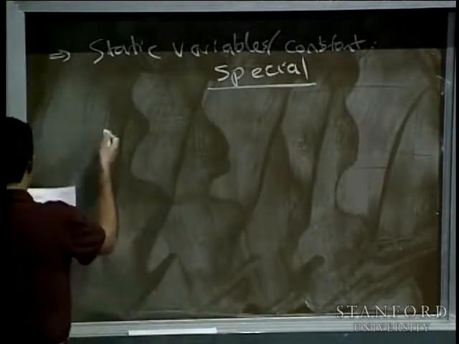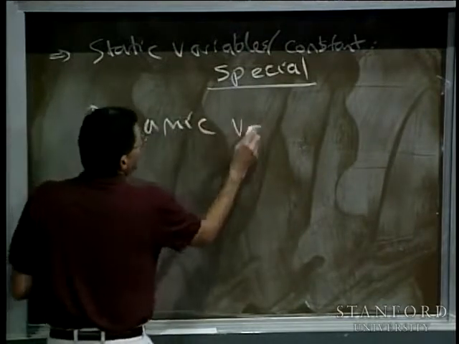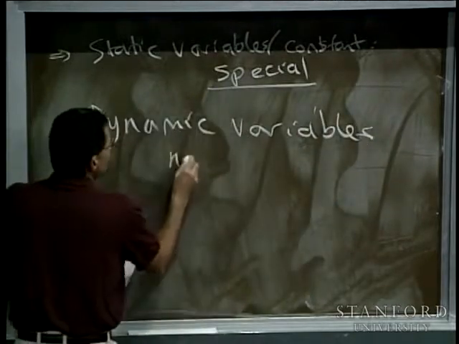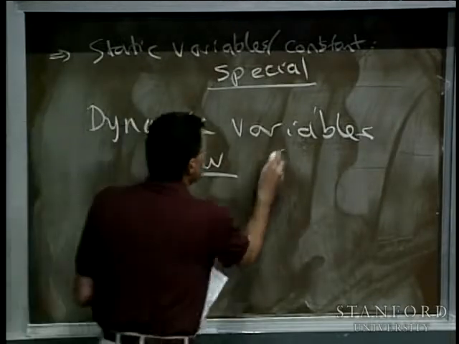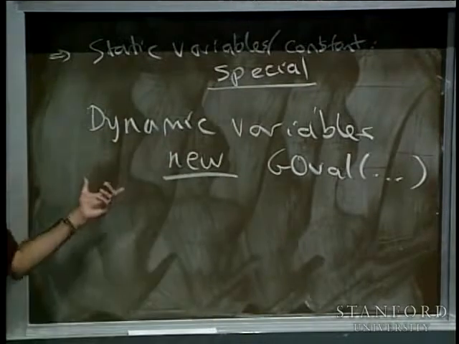Okay? So we can have dynamic variables. And what are dynamic variables? Dynamic variables are just any variable that you use new on. Right? So when you say new some object, like you say new GOval, and you pass it some parameters, that's a dynamic variable.